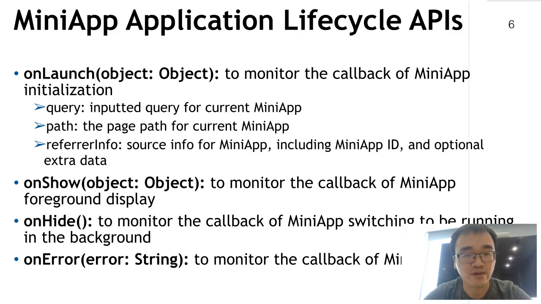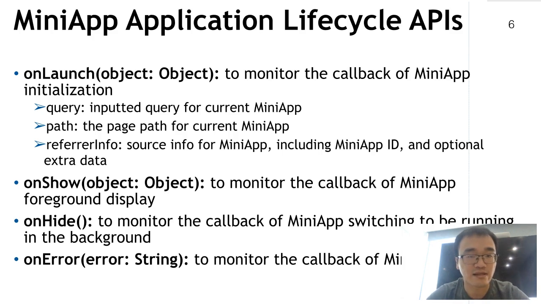It is the inputted UI query for the current MiniApp, and the path parameter, which is the UI page path for the current MiniApp, and also it contains the reference information. It means the source information for the MiniApp, including the MiniApp ID and some optional extra data.